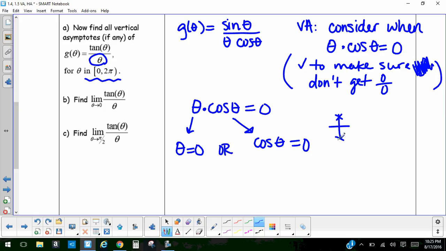So pi over 2 and 3 pi over 2. And theta is pi over 2 and 3 pi over 2. Okay, so that means that these are my candidates. Candidates for VAs.